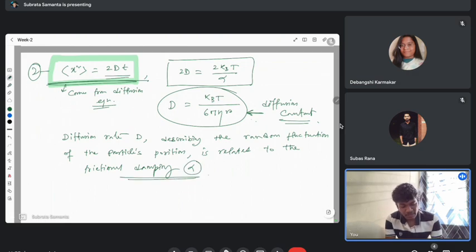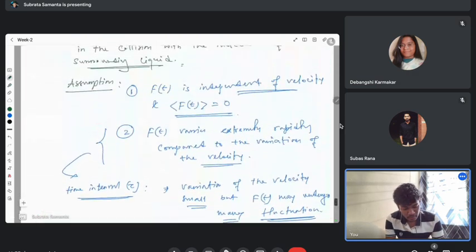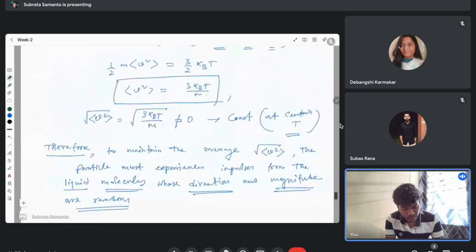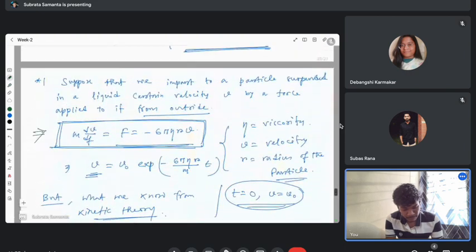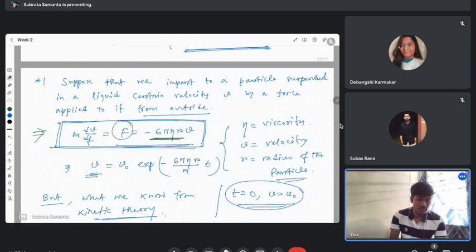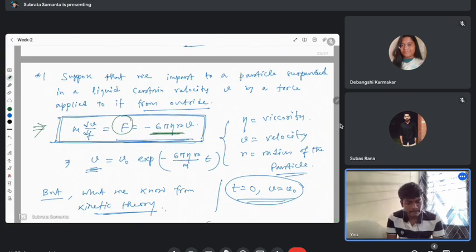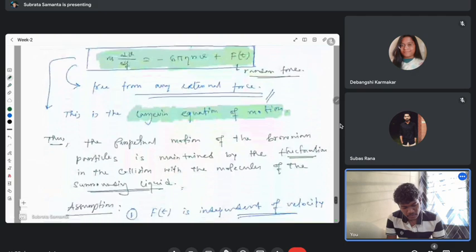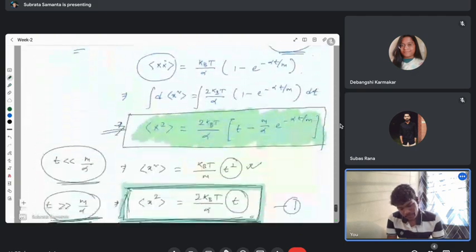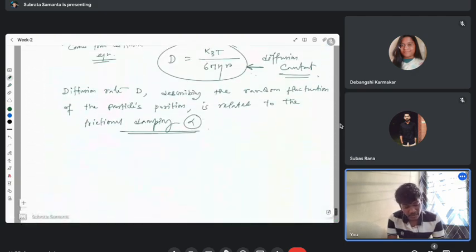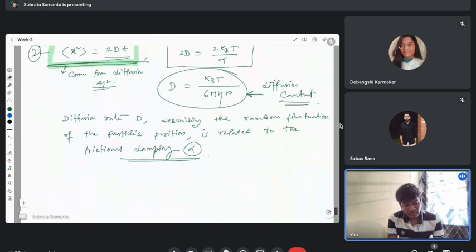This alpha is actually the damping, the drag force, 6 pi eta r. This is a drag force, a damping force, and due to this damping the velocity dies out rapidly. So this is the diffusion constant D, the diffusion rate, that describes the random fluctuations of the particle, related to the frictional damping alpha.